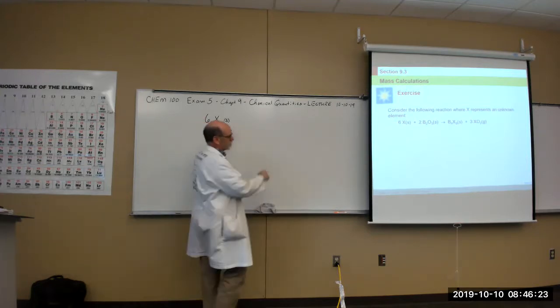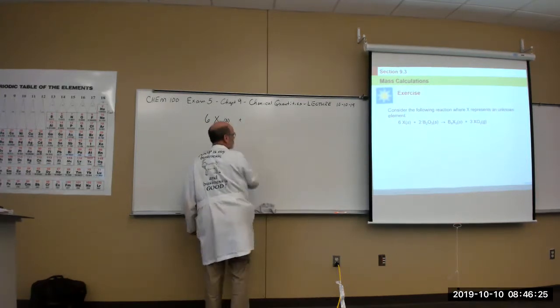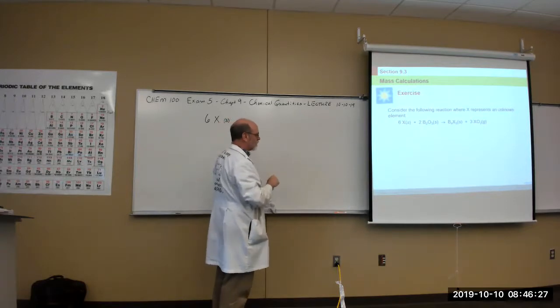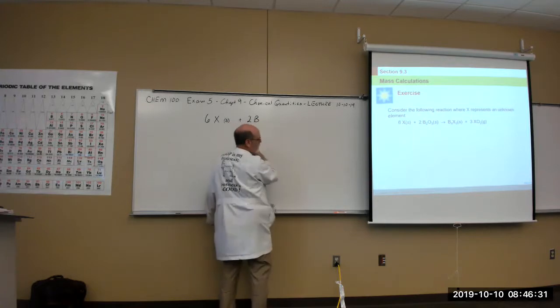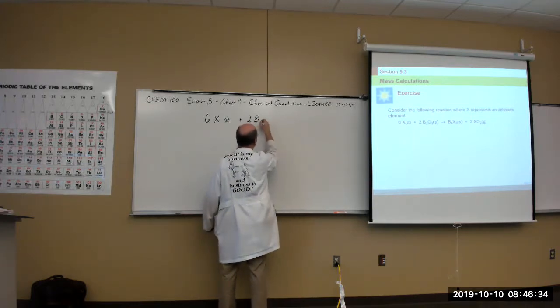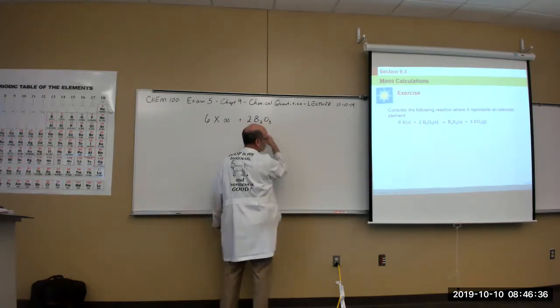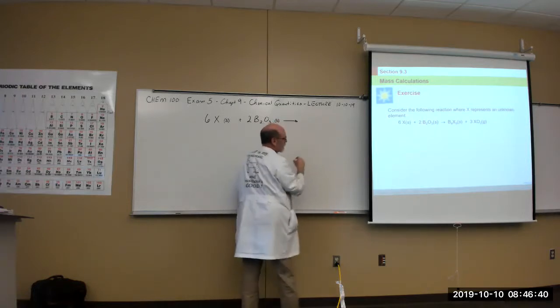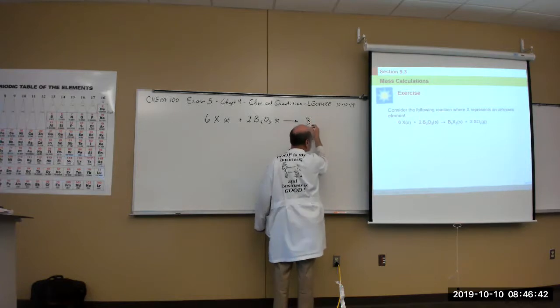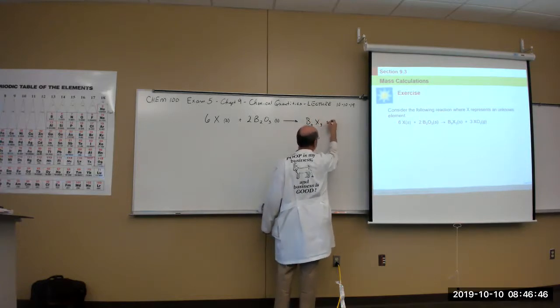And the chemist goes in the lab and takes a sample and reacts it with diboron trioxide and gets a product like this.